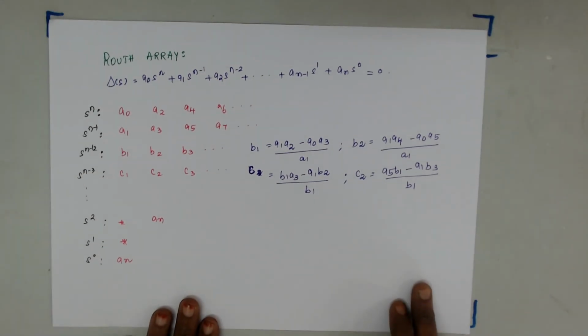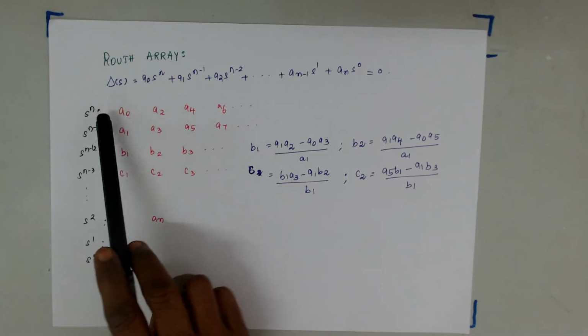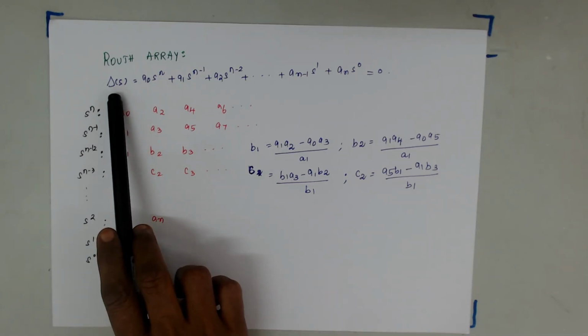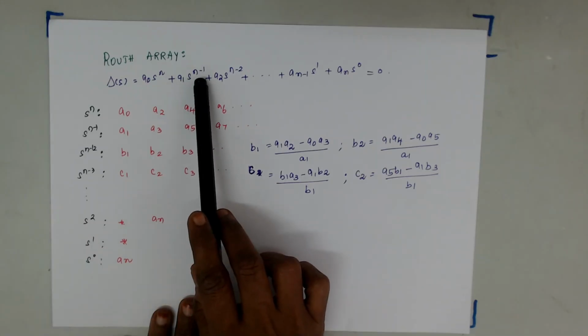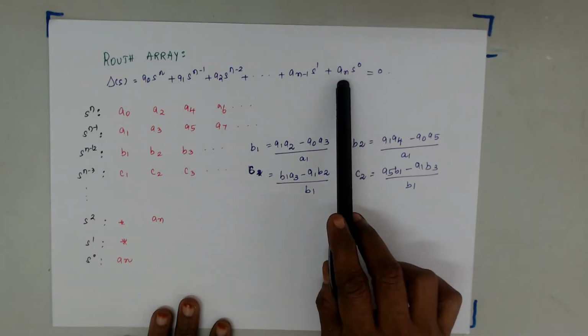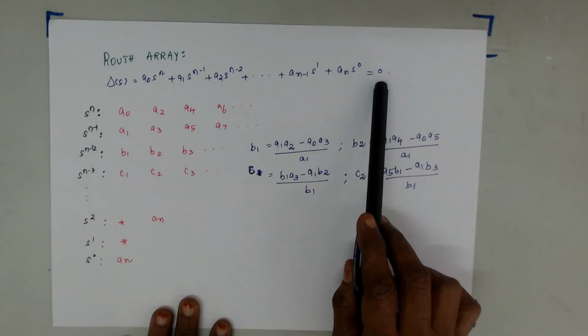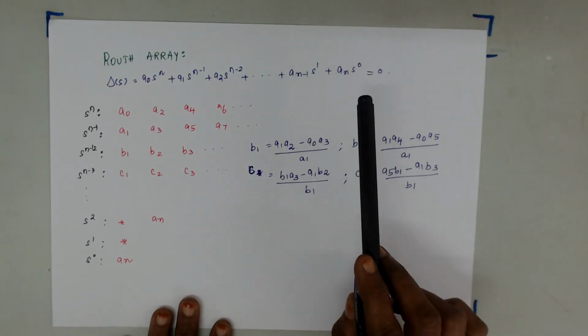Given a characteristic equation of a system, if it is defined in general as a0 into s power n plus a1 into s power n minus 1, etc., up to an into s power 0, and that is equated to 0.